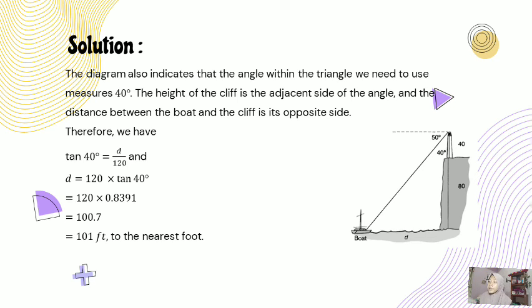Therefore, we have tan 40 degrees equals d per 120, and d equals 120 times tan 40 degrees. So d equals 120 times 0.8391, so d equals 100.7, and d equals 101 feet to the nearest foot.